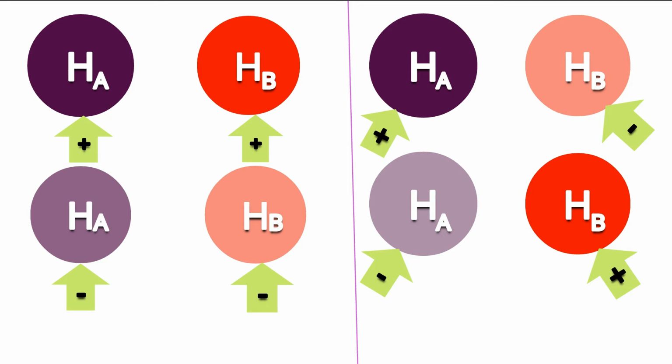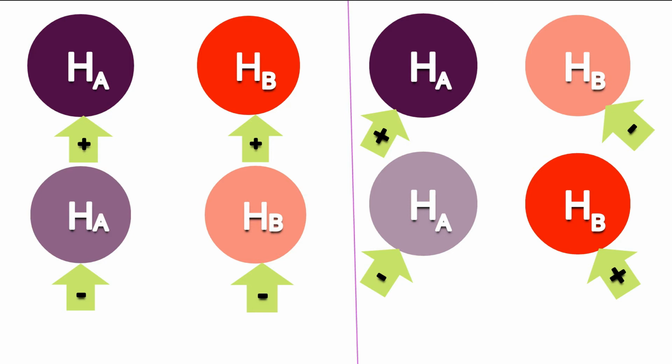In the left compartment, the positive wave of atom A groups with the positive wave of atom B, and in the second half, the negative wave of atom A interacts with the negative wave of atom B. To conclude, it is a like-with-like interaction. Positive interacts with positive, negative interacts with negative. Same phases interact with each other.